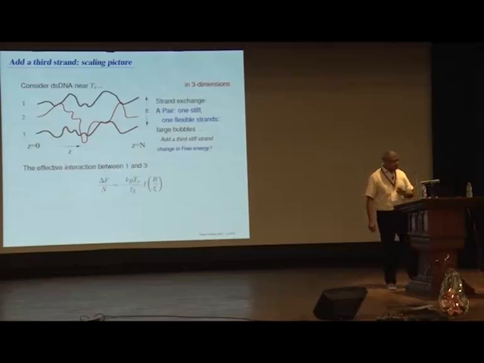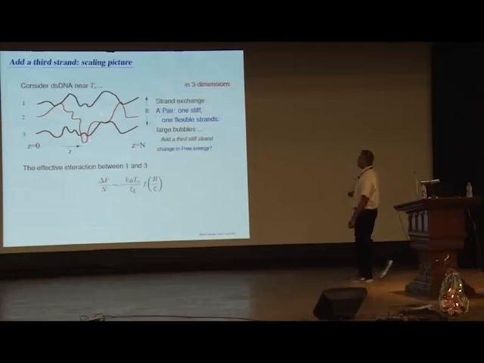We will do a scaling argument that the effective interaction between 1 and 3 mediated by this flexible 2 can be written in this form, that the change in free energy per unit length or per base pair dimensionally is something, energy will come here.